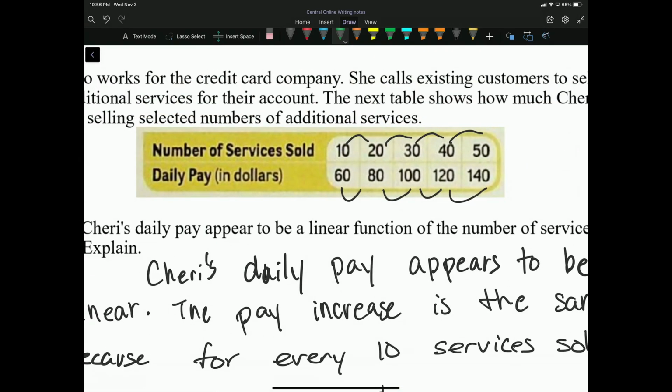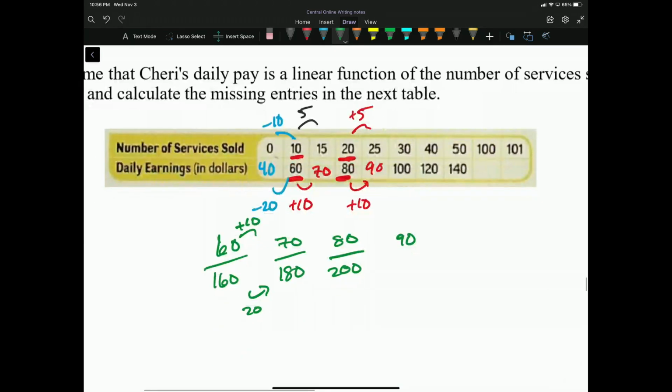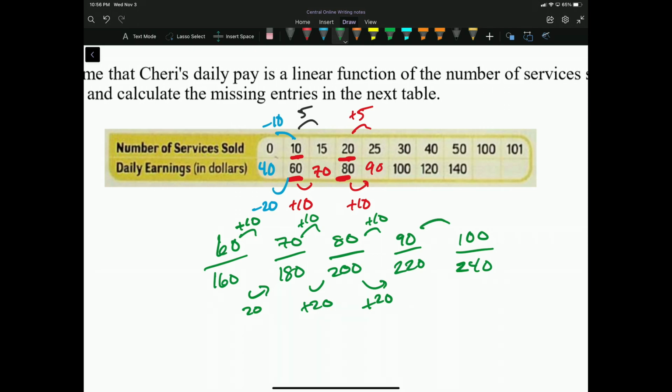So we're talking about 10 to 20 was 10, and then 60 to 80. 10 to 20 was 10, 60 to 80 is 20. So I'm just using a constant rate of change. So this would be 220. All right, so then 100 would end up being 240.